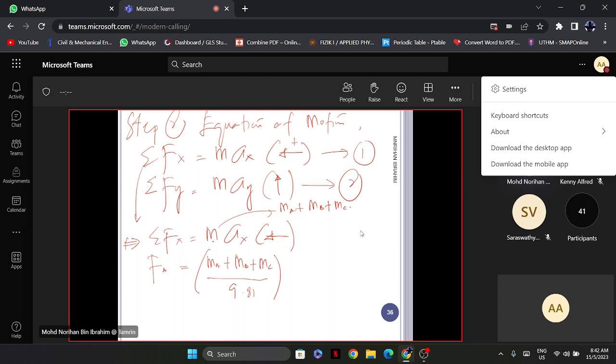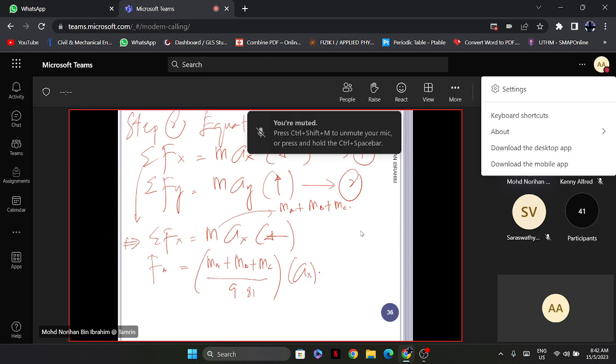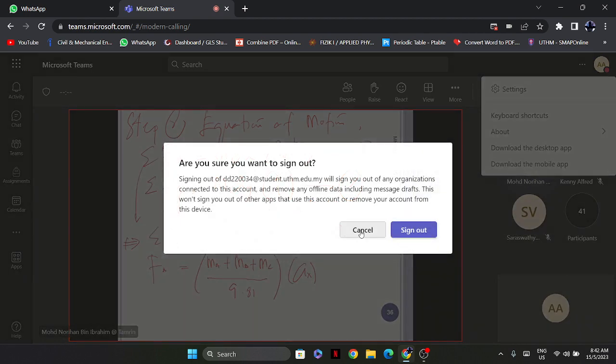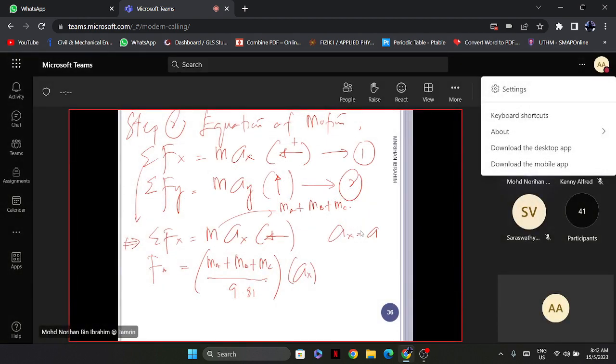In order to find mass, you know that W is equal to mg, so m is equal to W divided by g, where g is equal to 9.81. Multiply with ax, where in this case ax is the acceleration to the leftward.